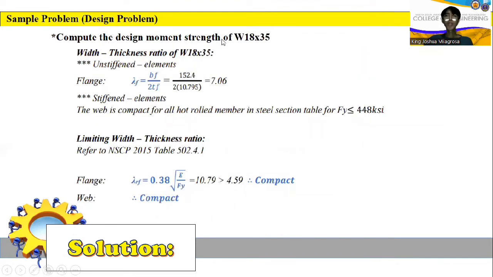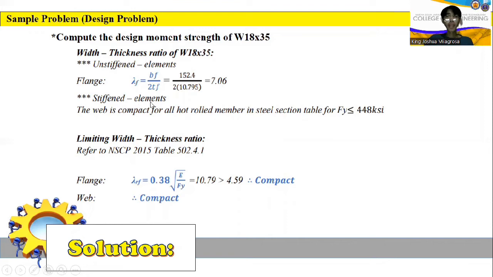So dito naman, compute the design moment strength of W18 by 35 steel section. So para sa width thickness ratio of W18 by 35 natin, so unstiffened element siya. So yung flange natin is equal to lambda flange is equal to base ng flange over twice ng thickness ng flange is equal yan sa 7.06.